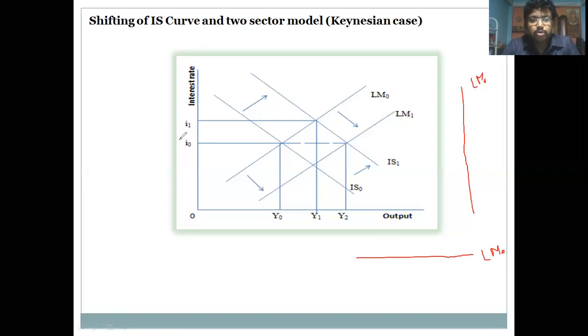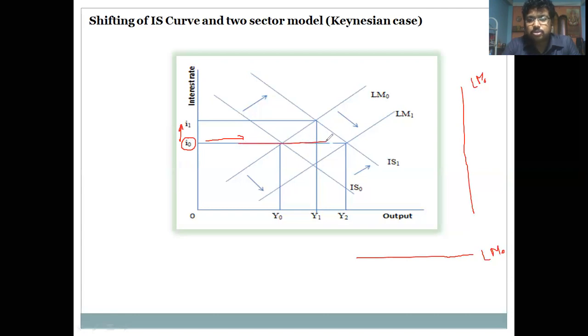The gap between I0 and I1 will be high. And if it is perfectly elastic, then we get this point. The LM curve would be like this, at I0 interest rate.